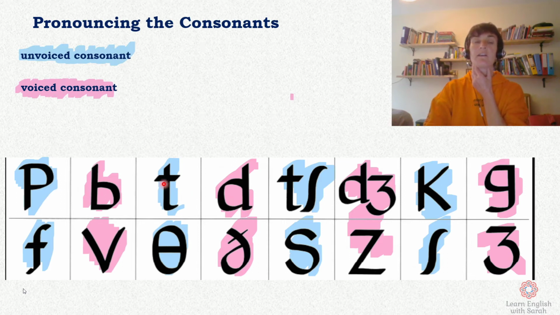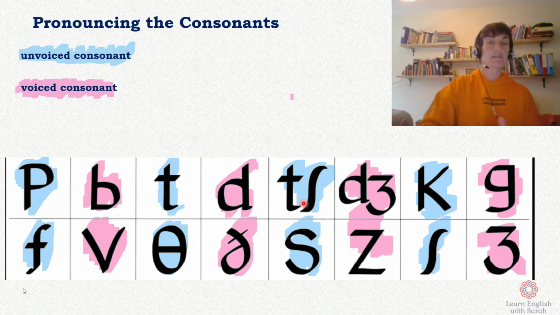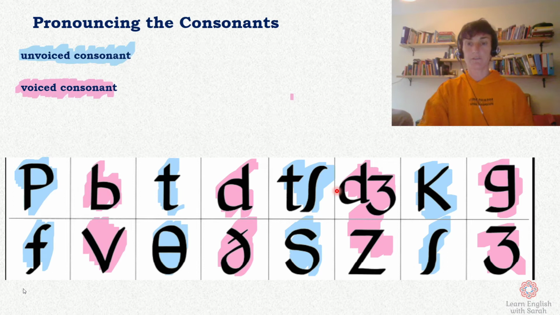Here, there's no movement. Now this pair clearly are not letters. We don't use these symbols when we are writing. And sometimes people get a bit worried about these because they think, oh, that looks like a very strange sound.